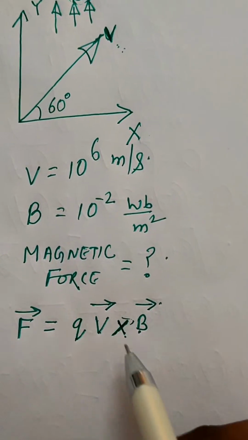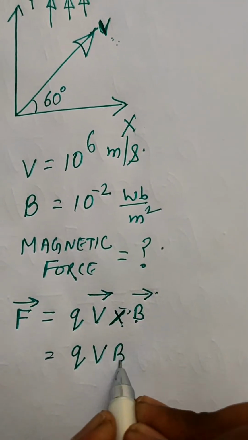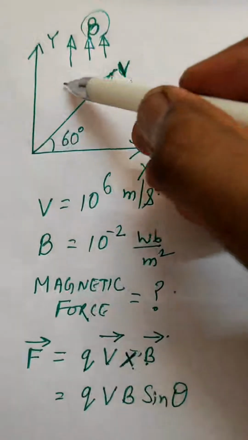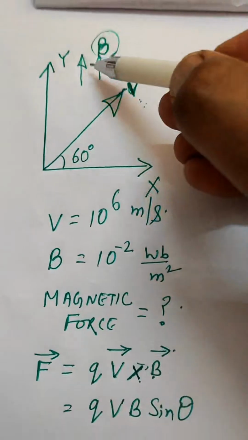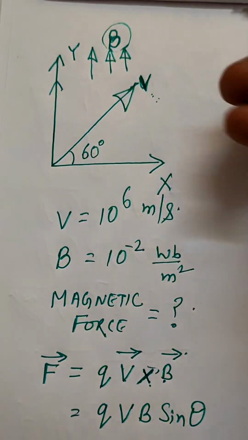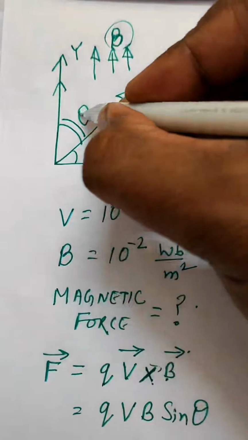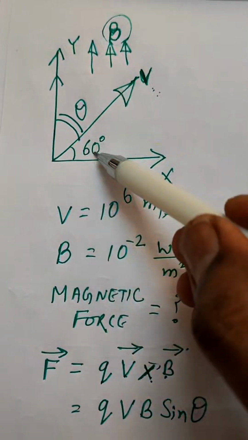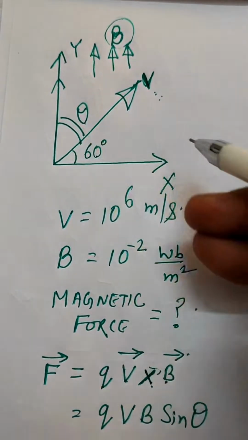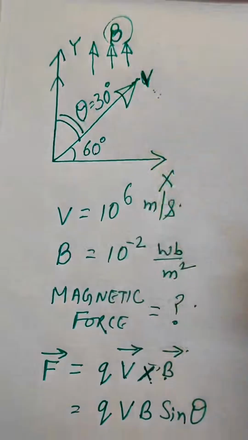This is a cross product, so we can write it as QVB sine theta, where theta is the angle between V and B. B is acting along the y direction, so this will be the theta angle. Here it's given that this is 60 degree and this is 90, then theta will be 90 minus 60, so theta is calculated as 30 degree.